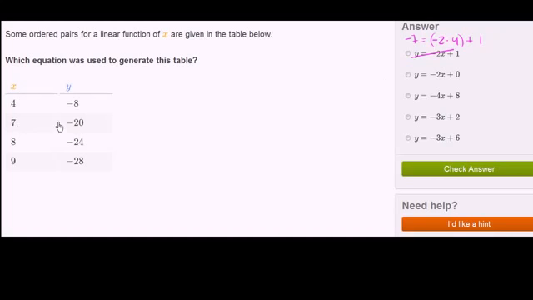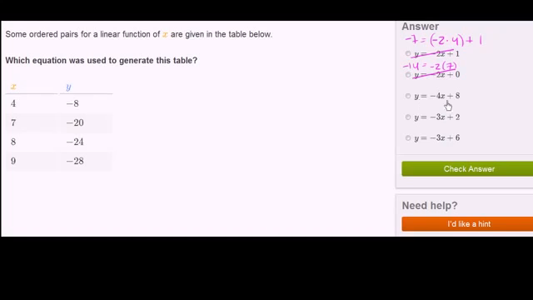But let's see if it works for the second one. When x is 7, you would have negative 2 times 7, which is negative 14. But here, when x is 7, y is negative 20. So we can rule this one out because when x is 7, y does not equal negative 20, like this point right over here. So we'll rule that second one out.